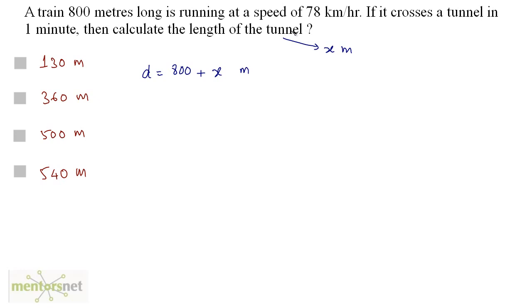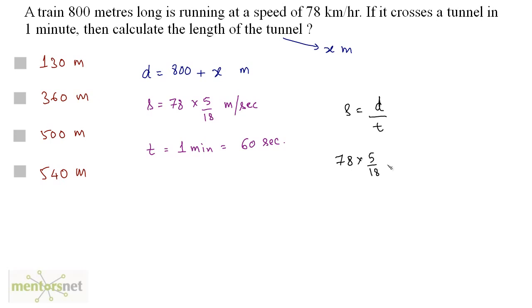Now we have been given the speed, which is 78 kilometers per hour. So speed is 78 times 5 by 18 meters per second, right? And we have been given the time as well, which is 1 minute, and that is equal to 60 seconds. Now we have all our units sorted out. We can put these terms in the formula. Speed is equal to distance upon time. Speed is 78 into 5 by 18, equal to distance, 800 plus x, upon time, which is 60.